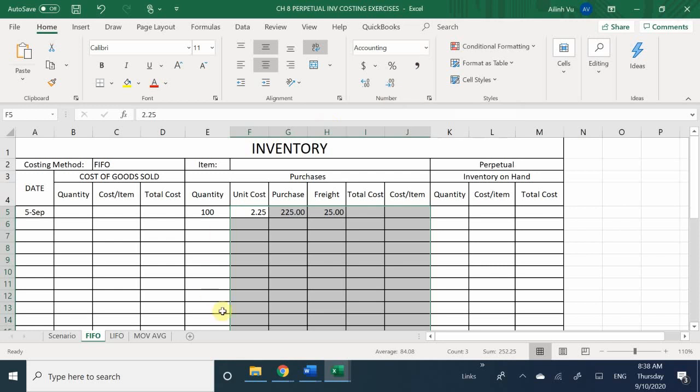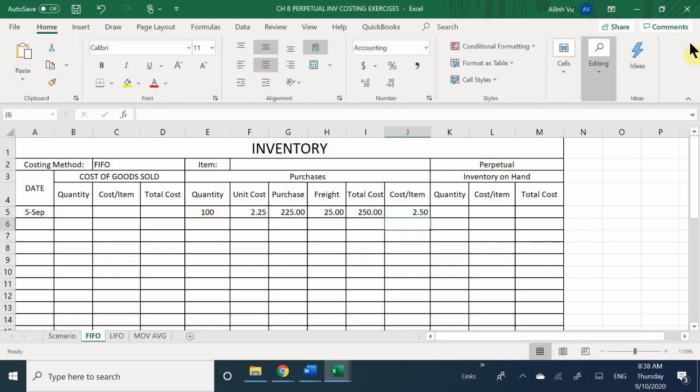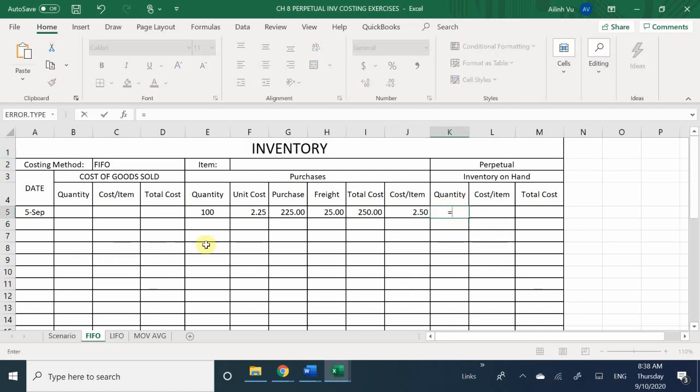Total cost is $250. Cost per item is $2.50. Right? What do we do next? Move it over to quantity. Yes. Add 250 and then 250.